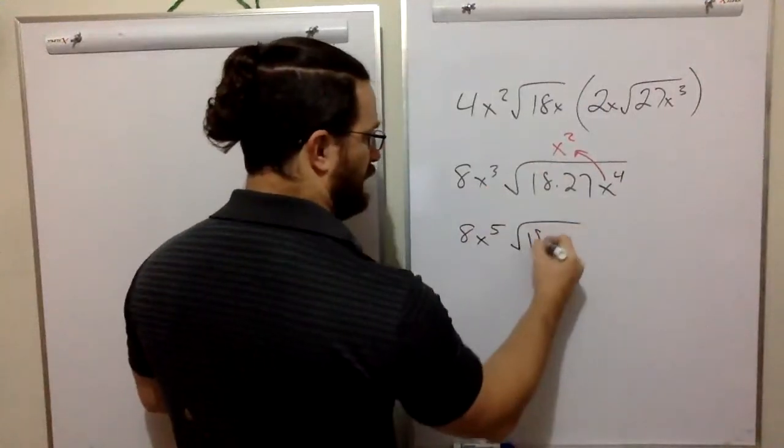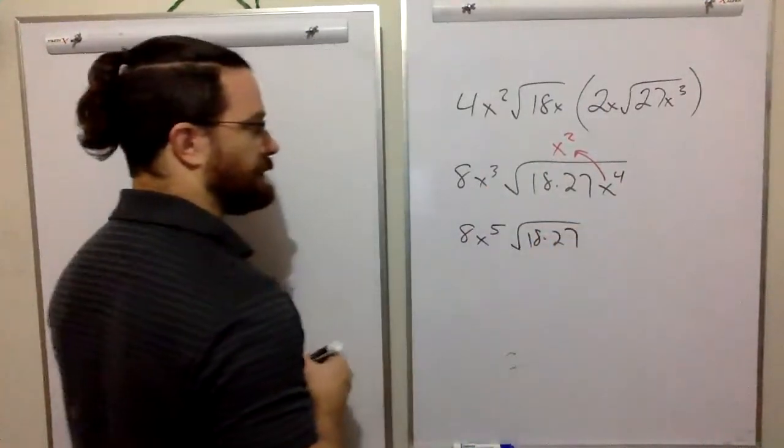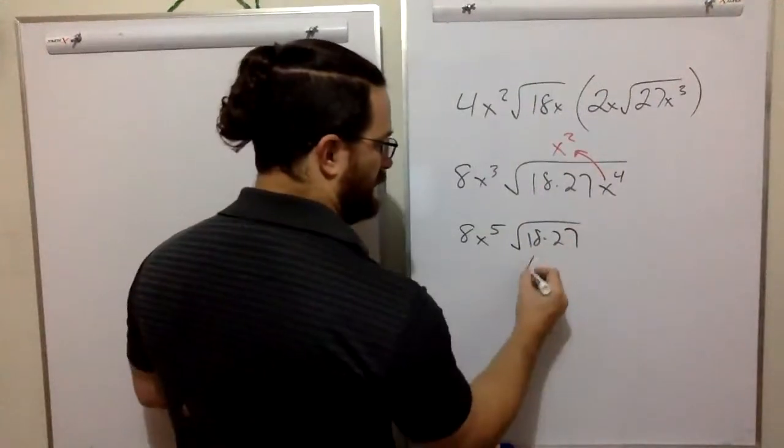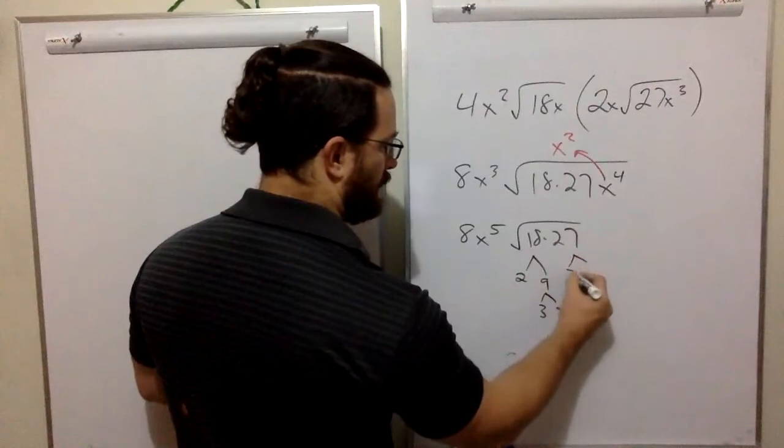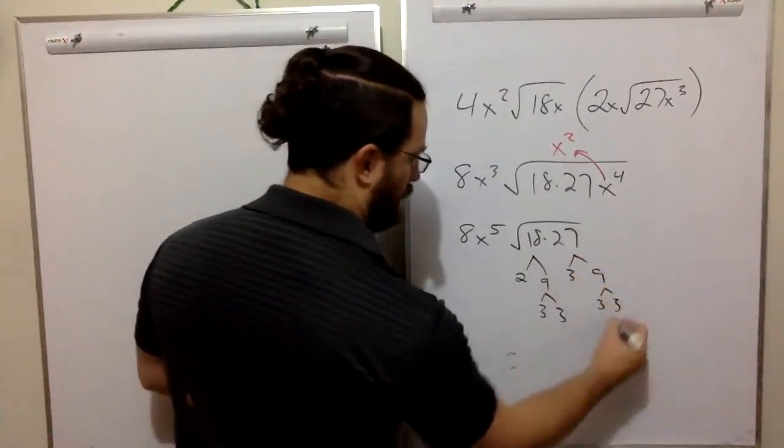And then I still have 18 and 27 on the inside. Now I have to break these down. So this makes 2 and 9, 3 and 3, 3 and 9, 3 and 3.